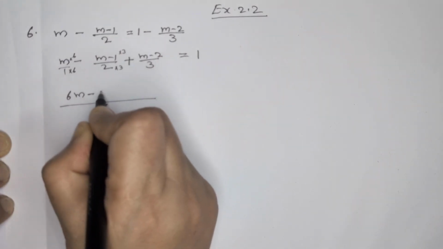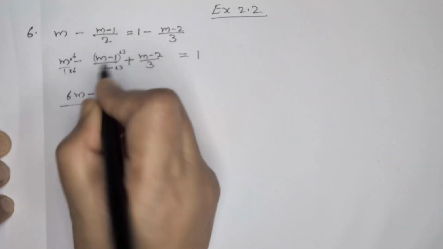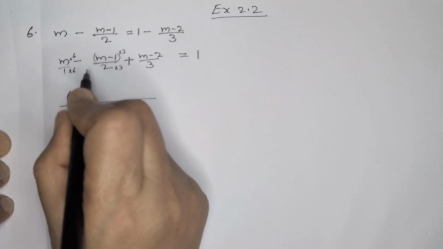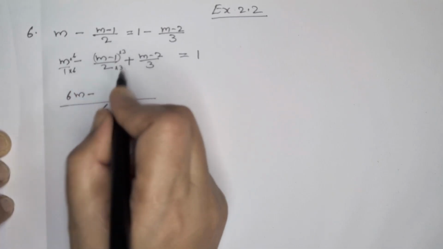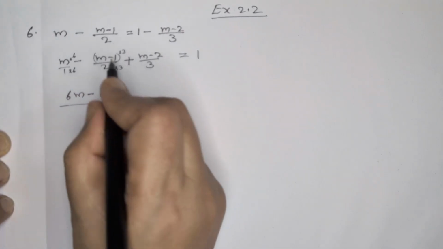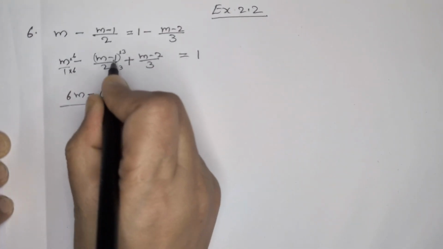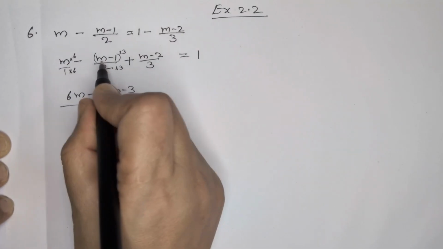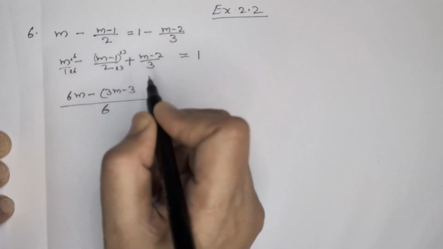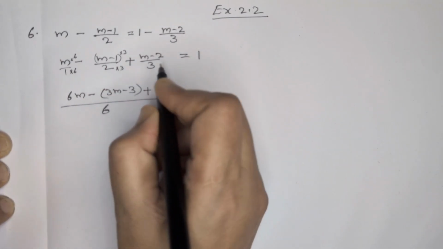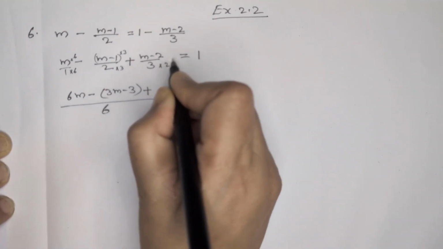So 3 into (m minus 1). Whenever the minus sign is there in between, when you are multiplying, keep that in bracket first. So 3m minus 3. When you are multiplying with 3, 3m minus 3, plus this term we can multiply by 2.